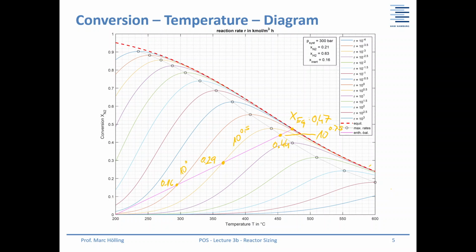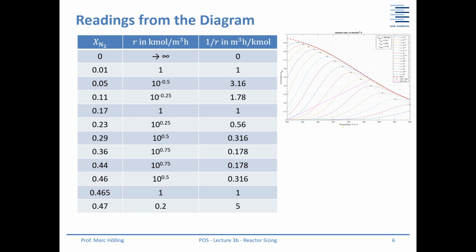for other points, and then you might end up with a table that looks like this. So I did the same as I showed you in the video. I just took the graph, and then I tried to get the reaction rates in kilomole per cubic meter hour. So you just write it here.